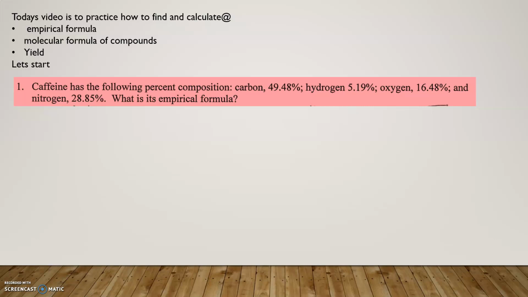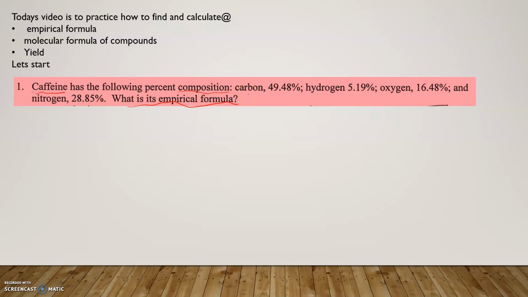For this first example, as with any problem, you have to read the question carefully. It is asking us to calculate the empirical formula of a compound called caffeine, the compound found in coffee. He's not giving us masses, he's giving us percentage composition.